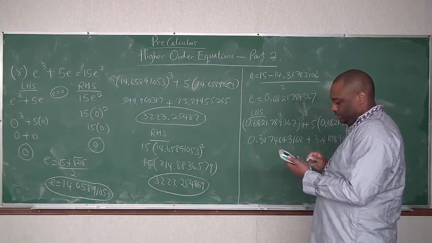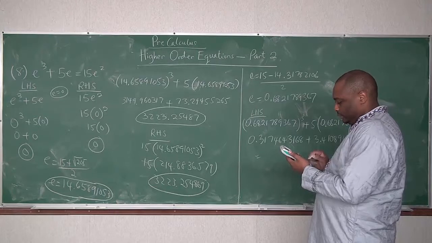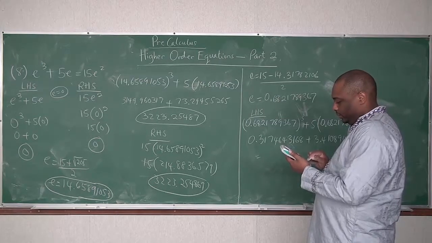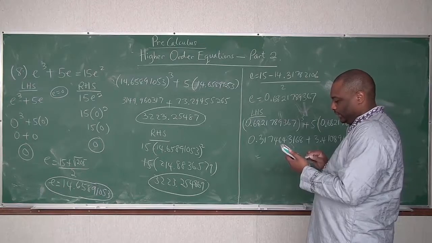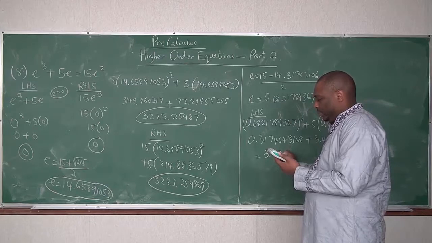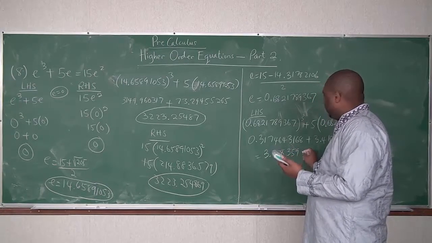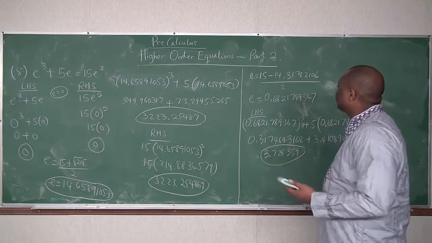So this now plus 0.317464368 is 3.728359. Okay, this is for this one.